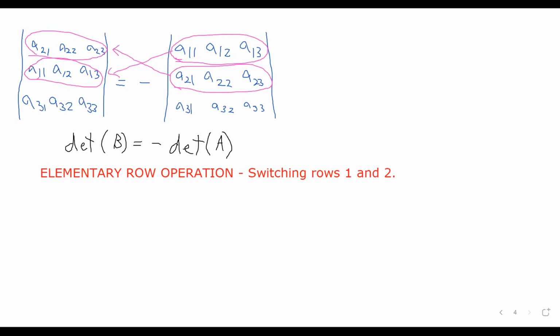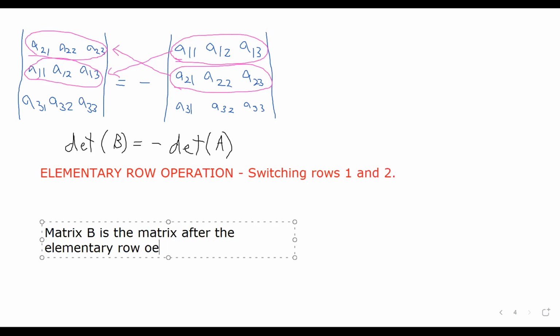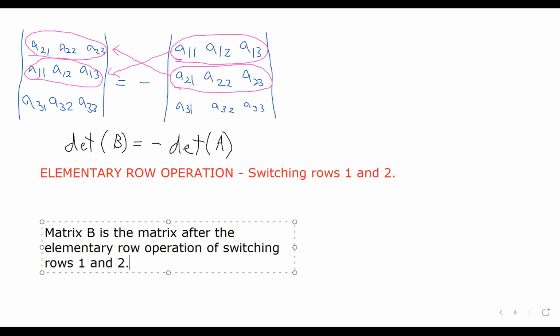And matrix B is the matrix that results, that is the matrix after the elementary row operation of switching rows 1 and 2.